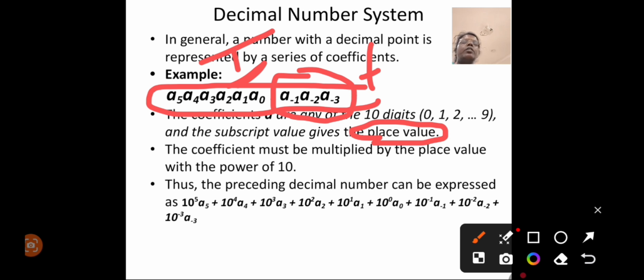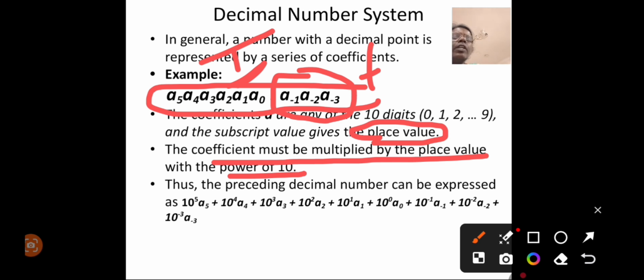It gives the position value or the place value. Now how can we find the weightage of that particular digit position? The coefficient must be multiplied by the place value, with the power of 10 for the decimal number system. This can be represented with positional notation.